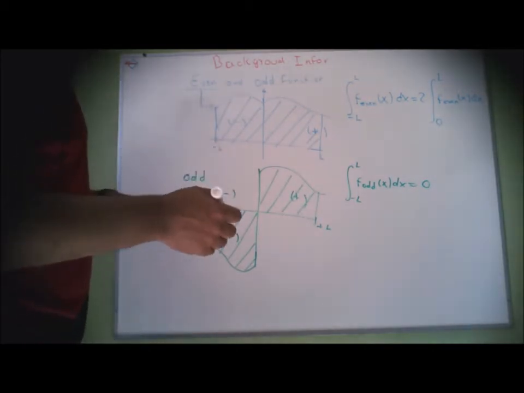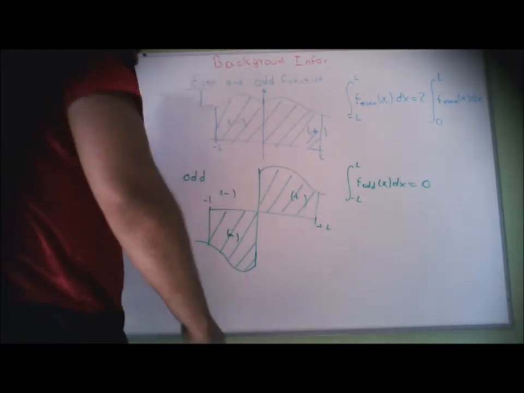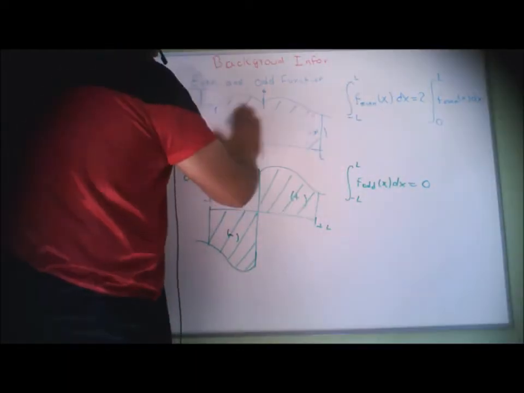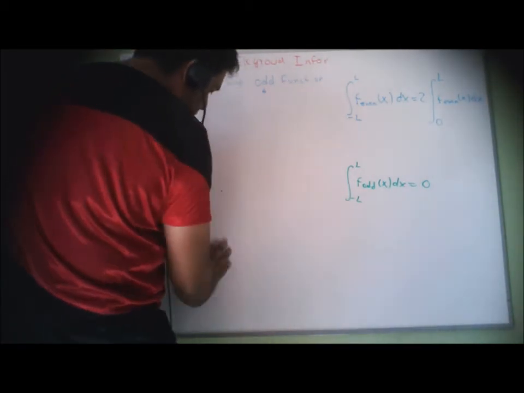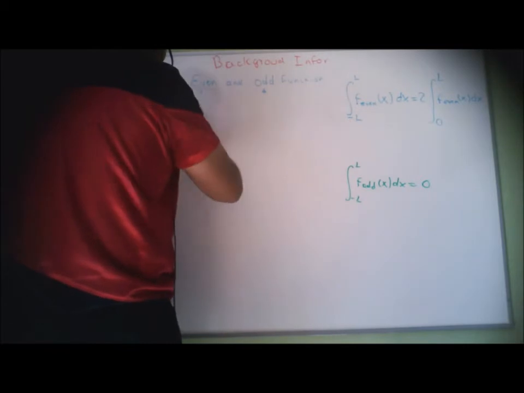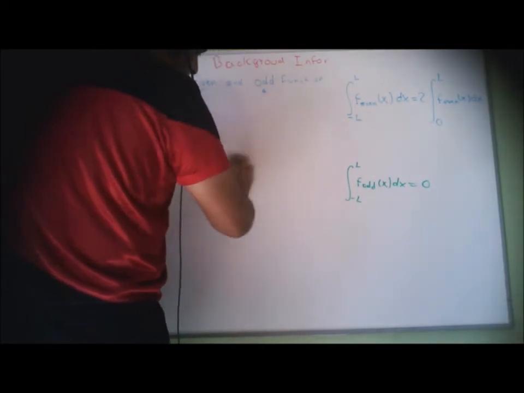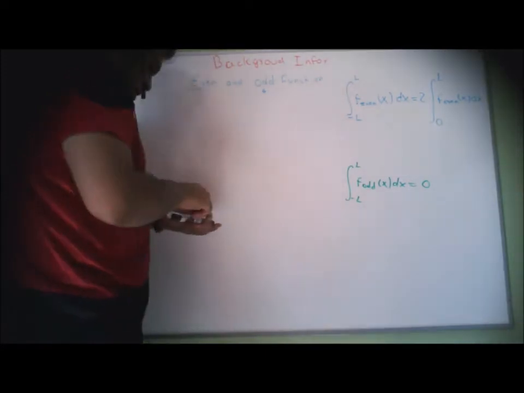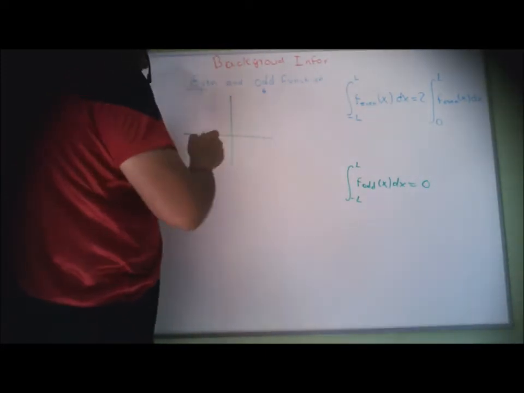All right. Okay. You may already know some of the functions that are even and odd. For example, let me give you one example that we are going to need. Remember, this is just background information before jumping to the Fourier series. Okay, now if you remember this plot, what is this plot?